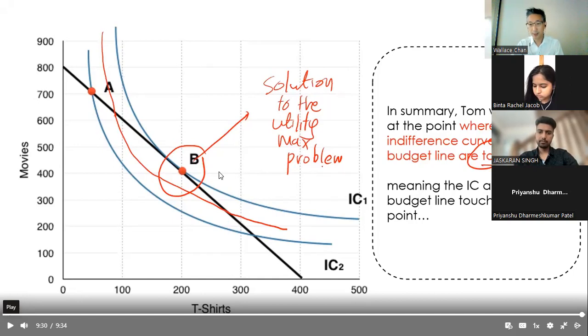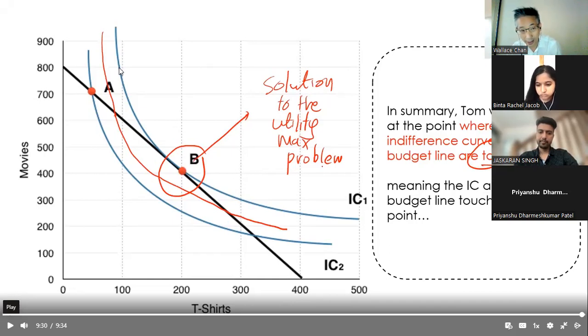Number two, basically the best possible choice for a consumer is that, given the limited budget, he or she can enjoy the highest level of utility, or we call it the highest level of satisfaction, which is the point where the budget line touches the indifference curve. Anything higher than that is not feasible to the consumer.